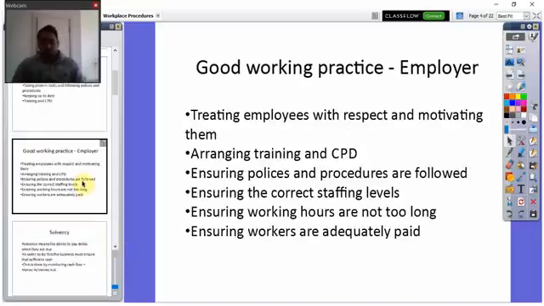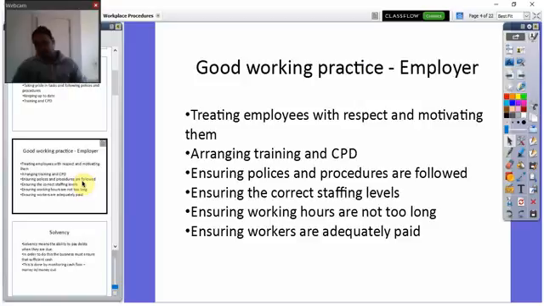Good working practice for the employers, treating all their employees with respect and motivating them, arranging training and CPD, ensuring that policies and procedures are followed, ensuring correct staffing levels. So obviously if you're understaffed, then employees are not going to be happy because they're going to be working really hard and maybe burnt out.